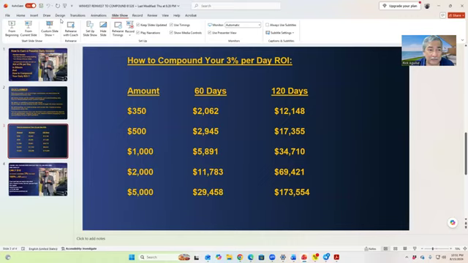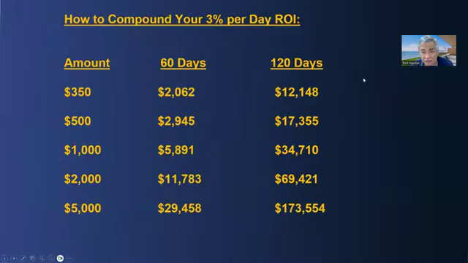Look at the numbers here. Okay, I made some simple calculations. Your 1,000 will become 5,891 in 60 days, 34,710 in 120 days. In other words, by Christmas, your 1,000 will become 34,000.